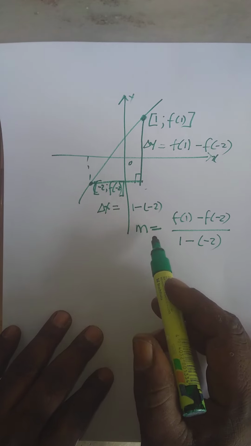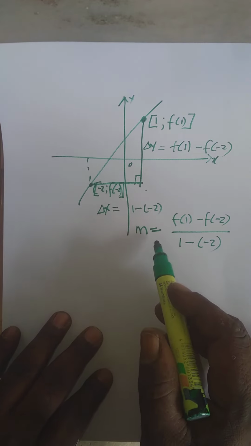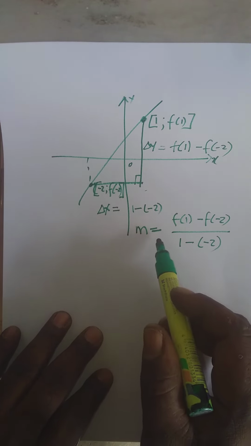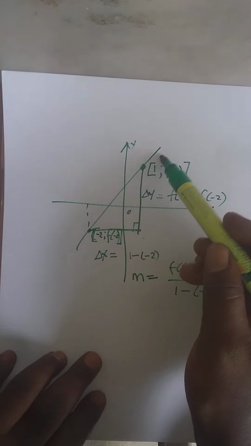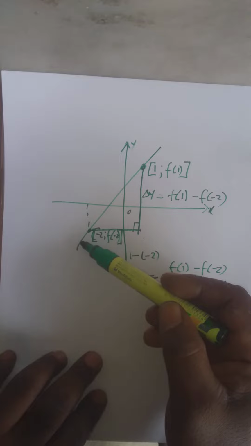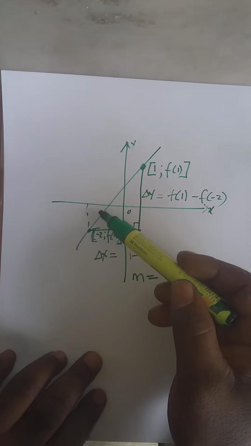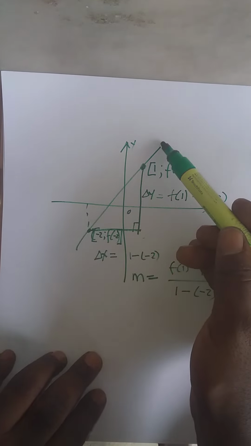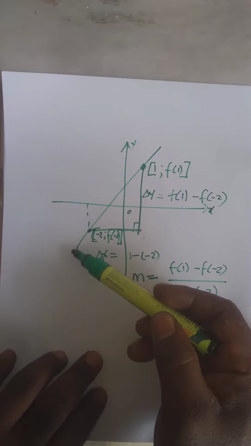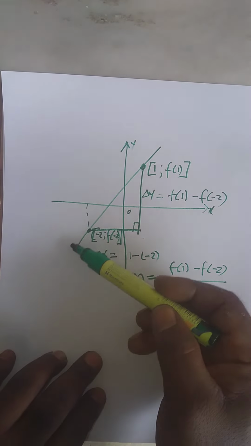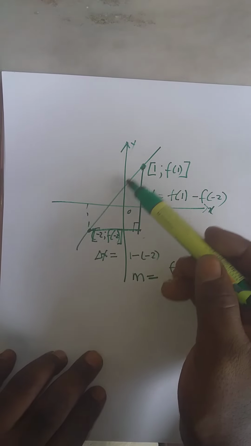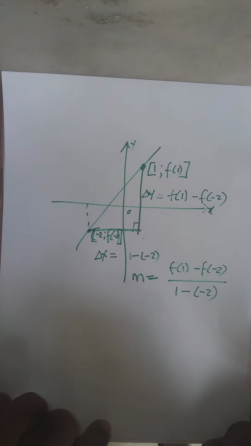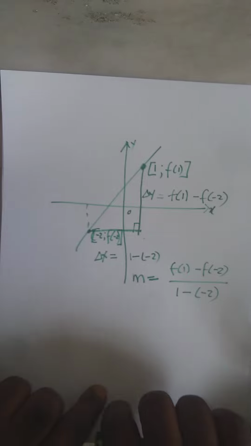But now we can't talk of the average gradient if it's a straight line. Remember, because the gradient of the straight line is always the same along the straight line. Everywhere, at any given point along the straight line, the gradient is the same.